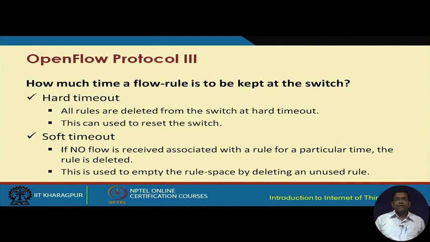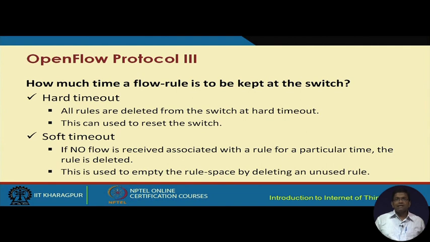So, one of the issues is for how long a particular flow rule that is generated is to be kept in the switch. For this there are two timeouts defined. One is known as the hard timeout, the other is known as the soft timeout. In the hard timeout methodology, all the rules are deleted from the switch at a particular hard time.